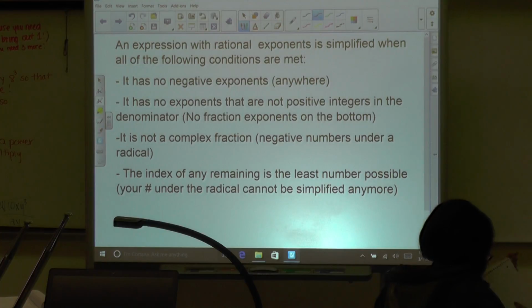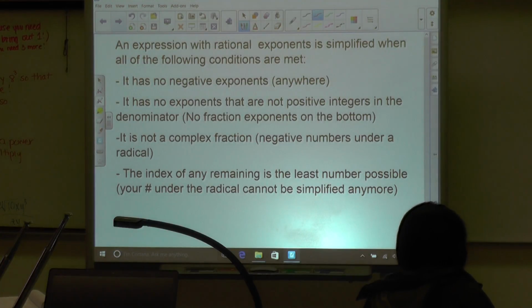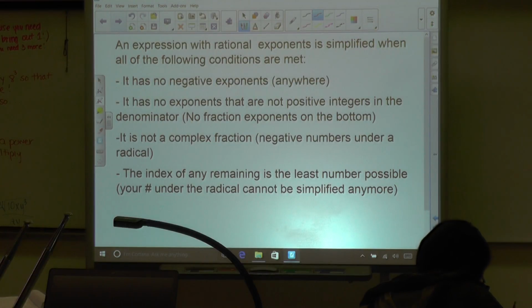So an expression with rational exponents is simplified when all of the following conditions are met. For one, you cannot have any negative exponents anywhere. Not on the top, not on the bottom, anywhere. I'll explain to you in a couple of minutes how you get rid of those negative exponents.